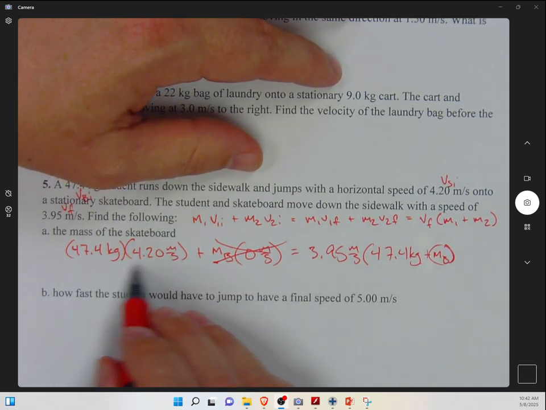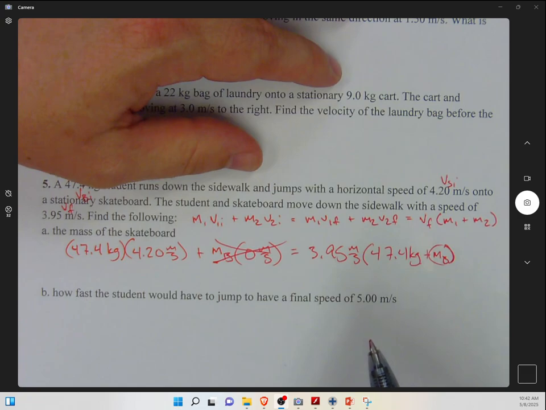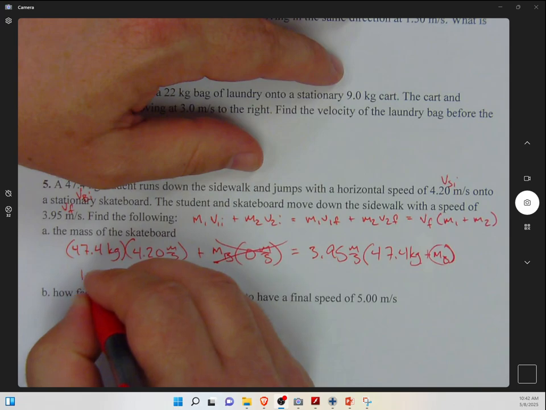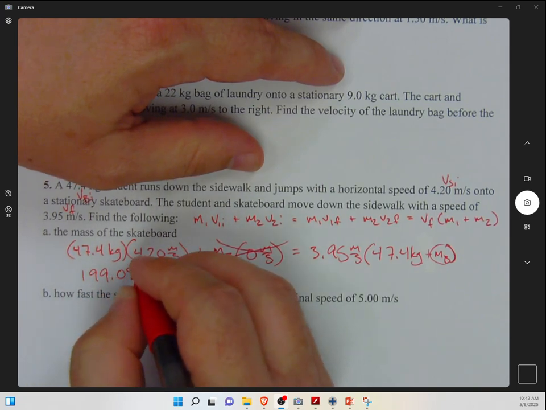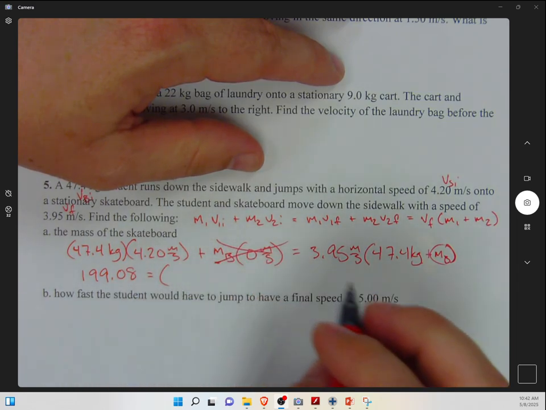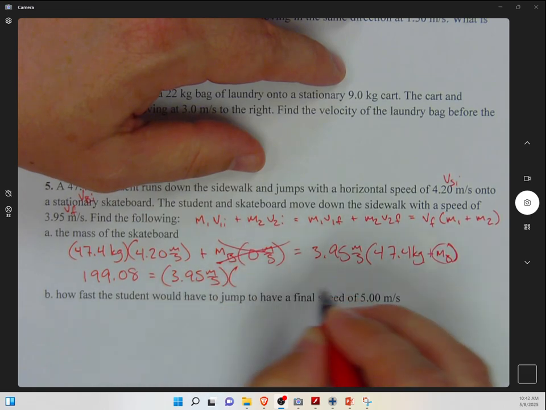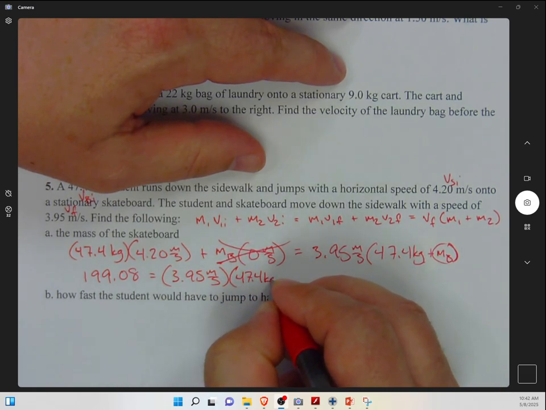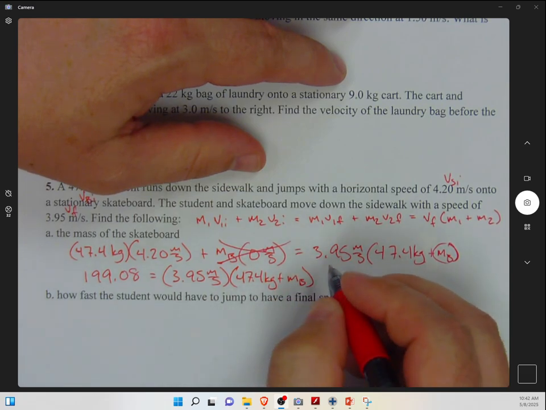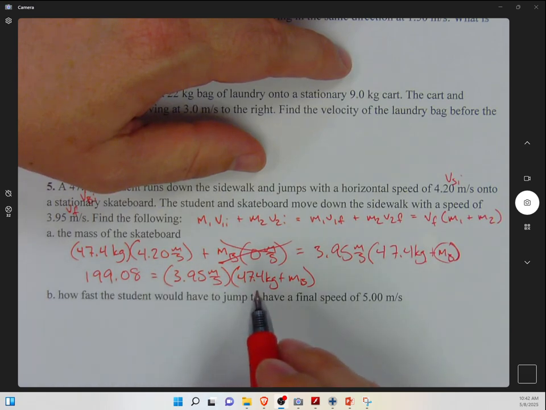And so when I do all this together, I've multiplied out the left side, and so now I'll try to solve.